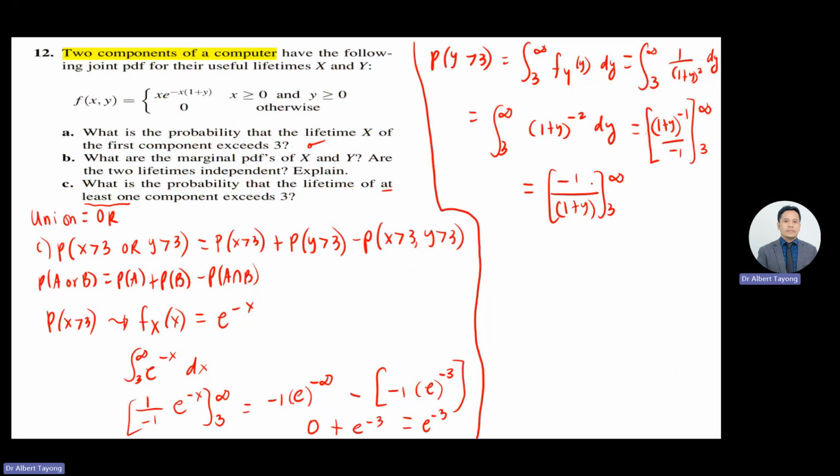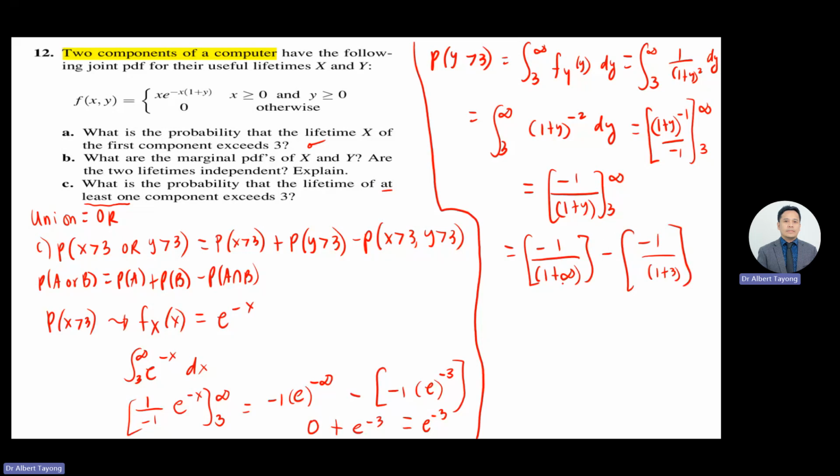Replacing y by positive infinity and 3, this will become negative 1 over 1 plus positive infinity, minus negative 1 over 1 plus 3. That is the value of y.